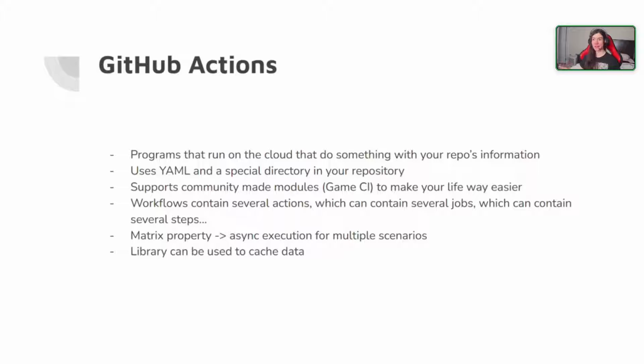Inside the matrix could be Windows 64-bit, Windows 32-bit, WebGL, mobile, or Android, I guess. Then you don't have to write the build step over and over again. You just write the matrix once, and then you apply the matrix property in the appropriate places.